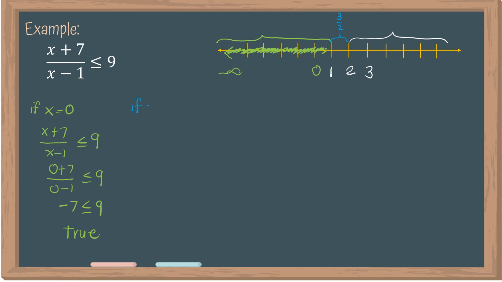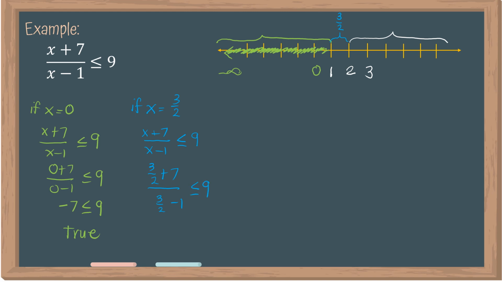So, if x is equal to 3/2, we will have (x + 7)/(x - 1) ≤ 9. So we have here (3/2 + 7) all over (3/2 - 1) ≤ 9.